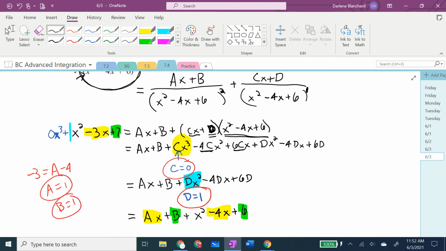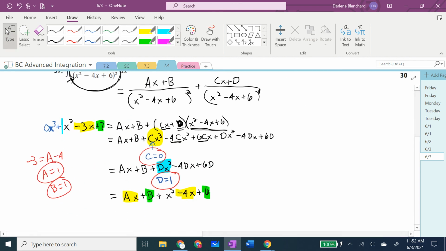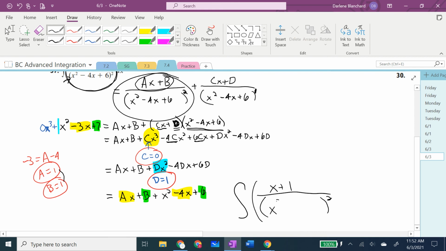My integrand is now changed to ax plus b, which would be x plus 1, divided by that denominator, and then plus.